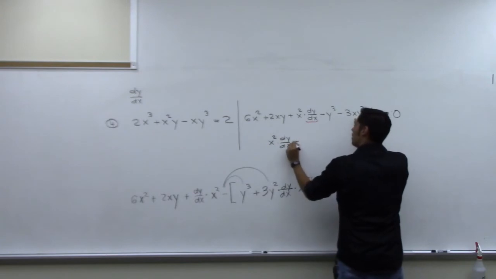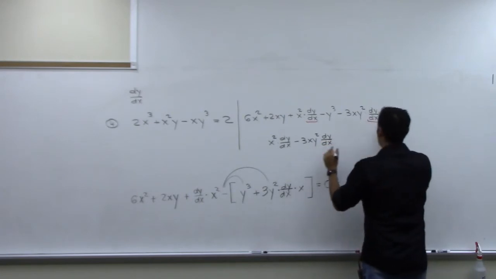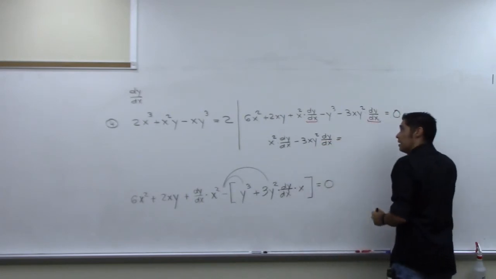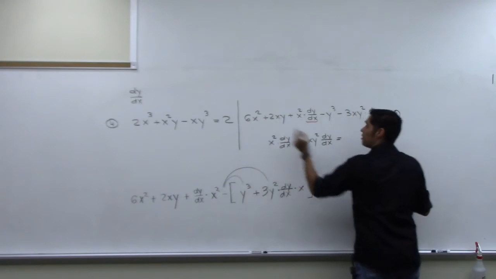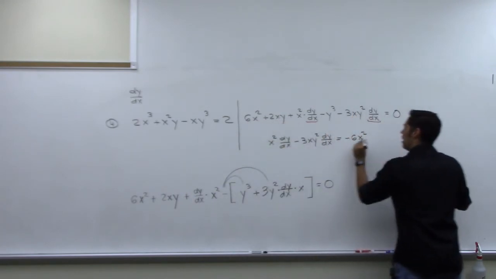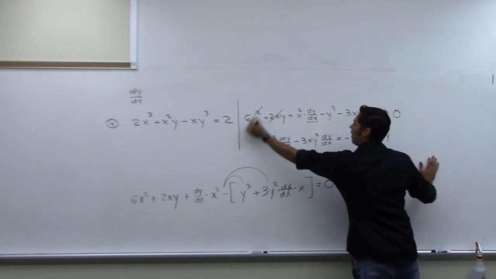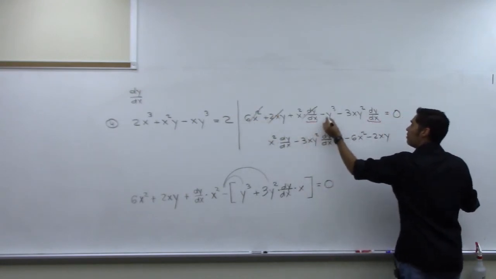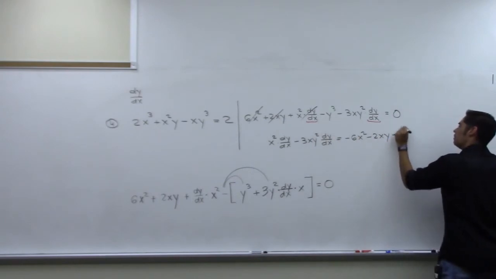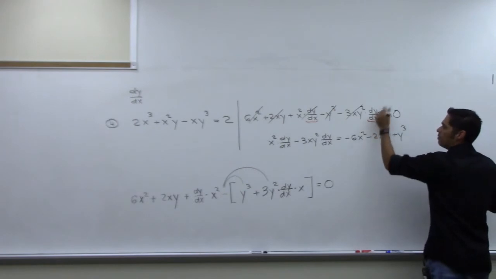I'm going to have minus 3xy squared dy/dx. Now equals, now let's move everything else to the other side. So this goes to the other side, becomes negative 6x squared. This goes to the other side, negative 2xy. This one goes to the other side, plus y cubed.